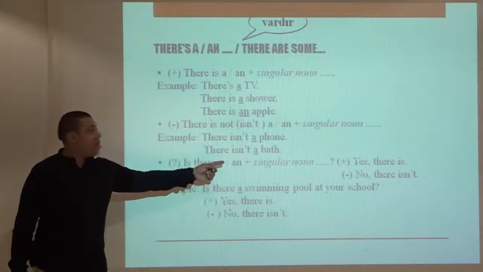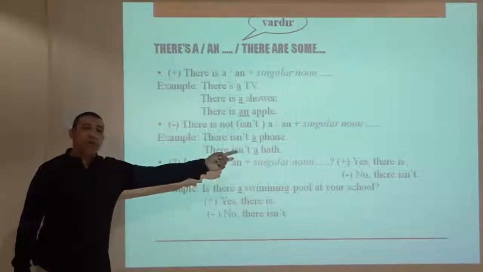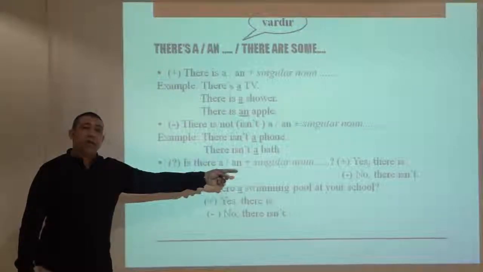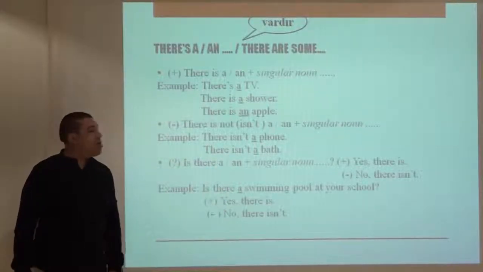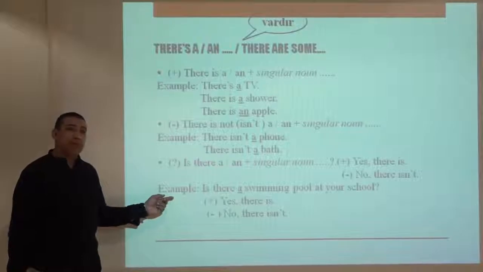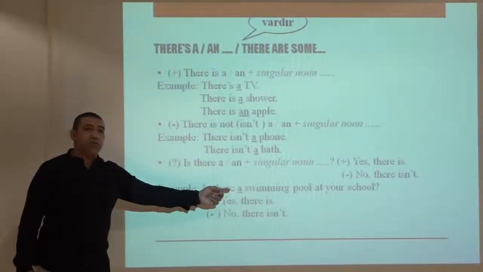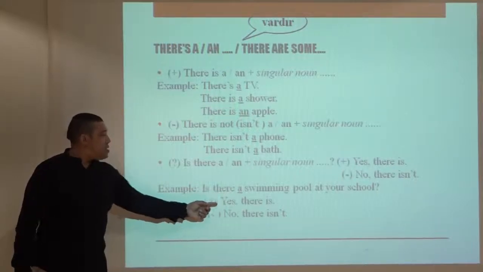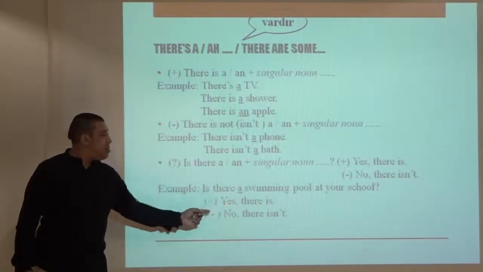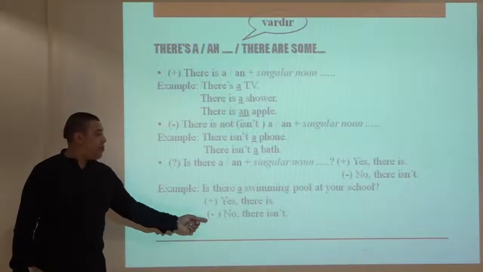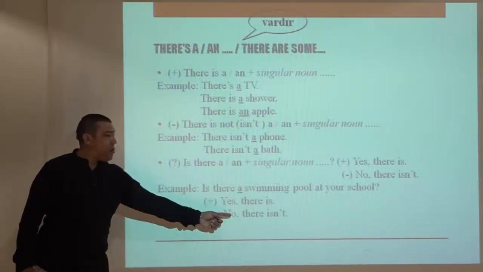If the answer is positive, we say there is. If the answer is negative, we say no, there isn't. For example, is there a swimming pool at your school? Yes, there is. Or if the answer is negative, no, there isn't.